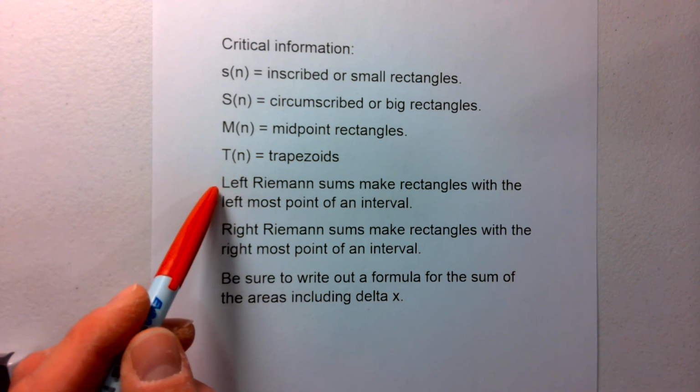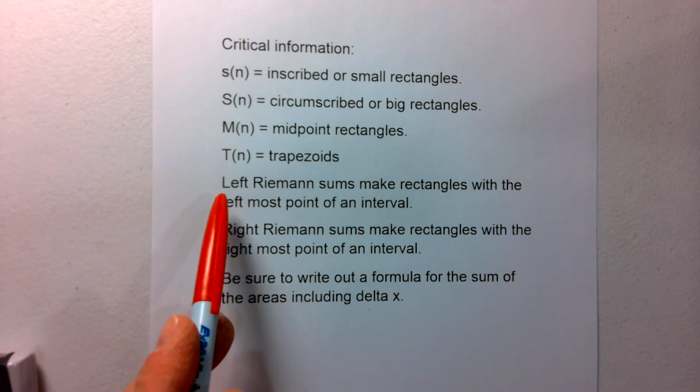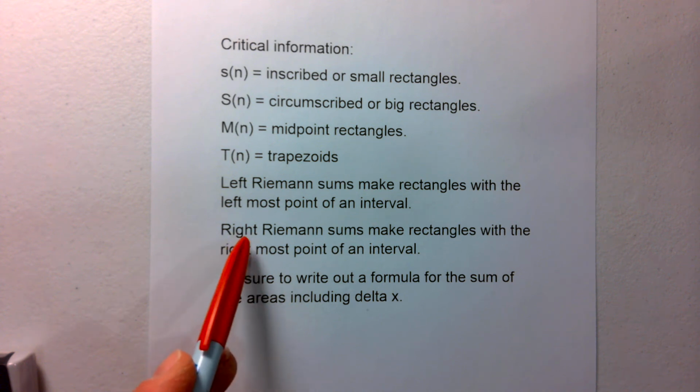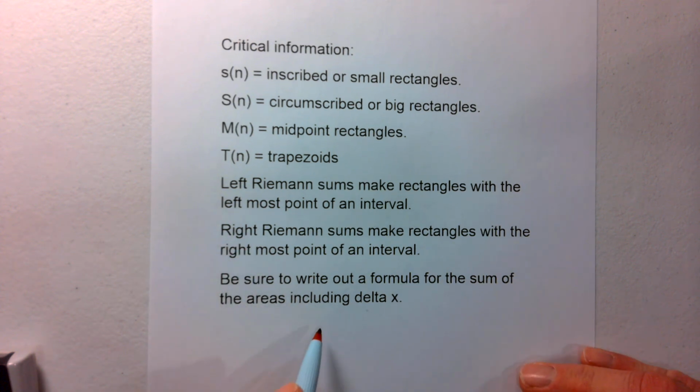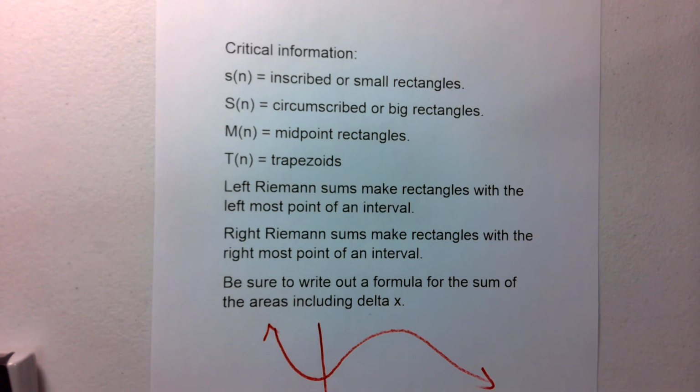Our left Riemann sums are going to make rectangles on the leftmost point. Again, this could be little s or big S of n. Our right Riemann sum is going to make rectangles on the right side of our graph. So again, looking at a graph, it doesn't matter what it looks like. It can look kind of weird. If we're going from A to B here, it could change.